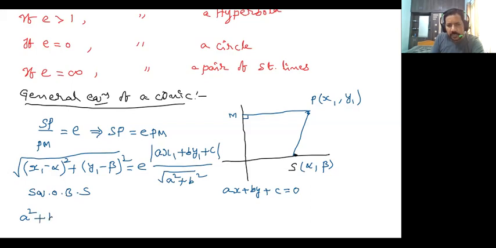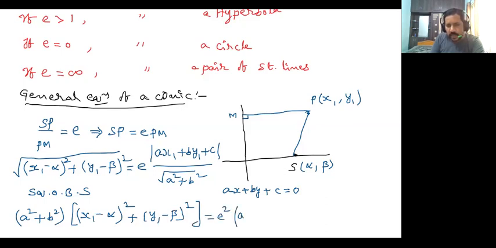A square plus b square into x1 minus alpha whole square plus y1 minus beta whole square is equal to e square into ax1 plus by1 plus c whole square, and simplify this, we will get the equation of the conic. So that is how we find the equation of a conic when the focus and the fixed straight line are given.